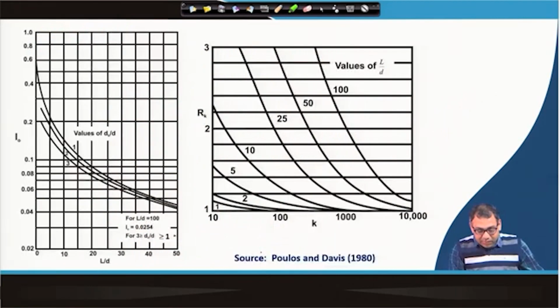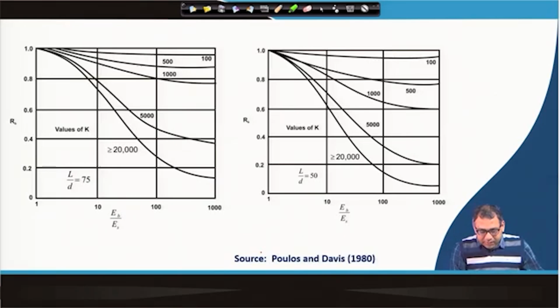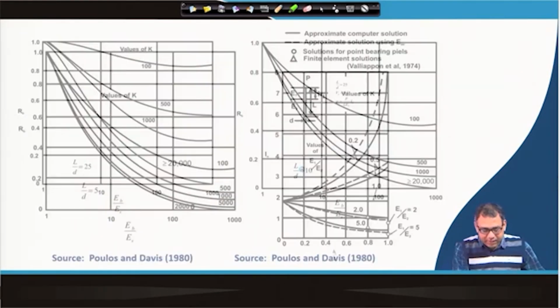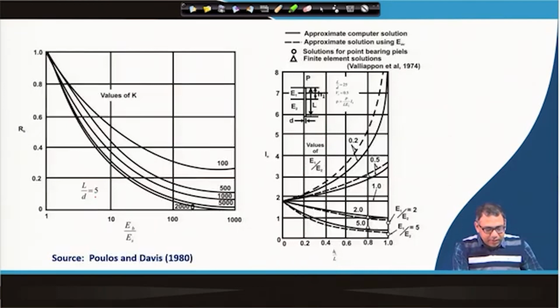Okay. So, now how can I calculate R B? This is the chart where I can calculate R B, again for different L by D of 75, 50, 25, 10 and 5, and for different E B by E S values and for different K, we will get the R B value. So, these are the correction factors we will get.